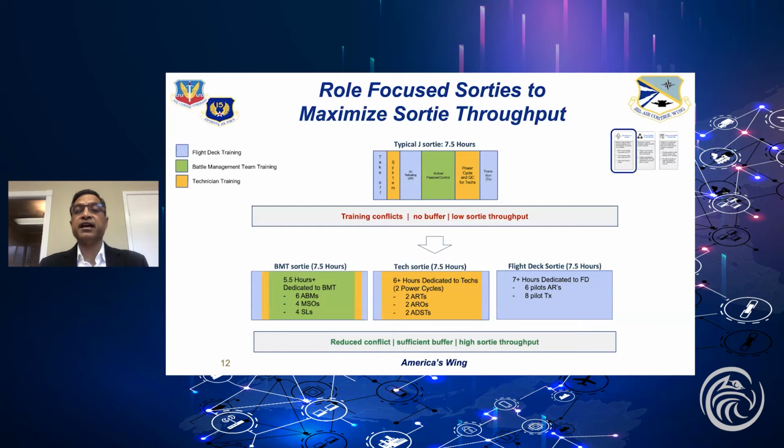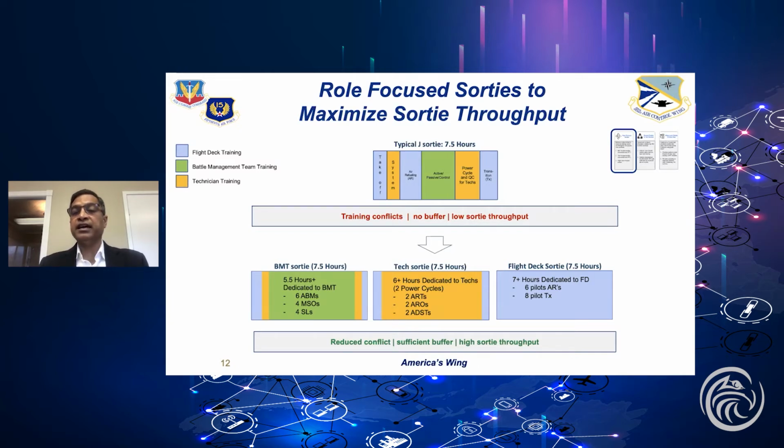On the left side, we have a battle management team sortie, where the majority of the sortie is focused on training the battle management team, which is the ABMs, air battle managers, the MSO, the section leads, etc. That doesn't mean other people don't get some training, but the focus of that sortie is to get the battle management team trained. In the middle is the tech sortie, where the focus is now the technicians, the radio technicians, the radar technicians, and so on. And on the right side, it's purely for the flight deck.